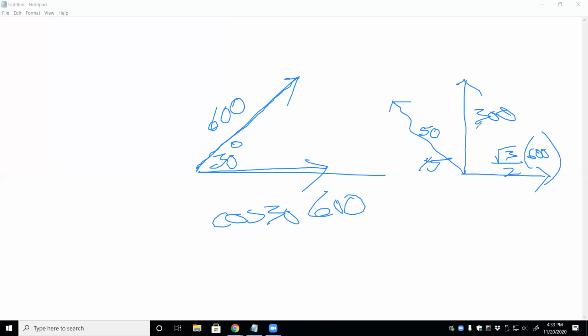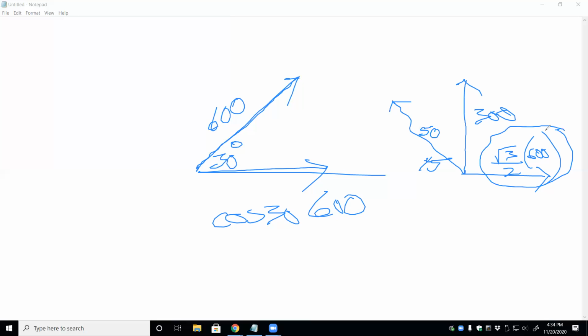So now I know that resultant is root 2 over 2 times 50 plus 300, and the horizontal component of that wind is root 2 over 2 times 50 going in the other direction, taking away from that speed. So I would subtract it from that speed.